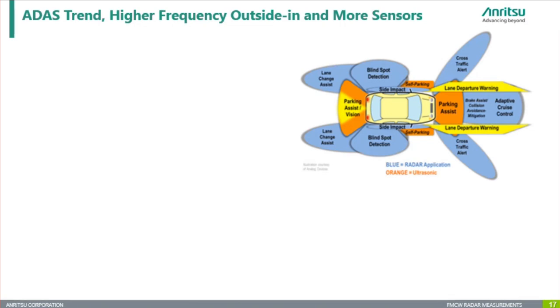So the major trend is the ADAS trend, where higher frequency radar and more sensors are used. The ADAS, or advanced driver assistance systems, landscape is rapidly evolving because of higher frequency radar sensing, shifting to 77 to 81 GHz and beyond.